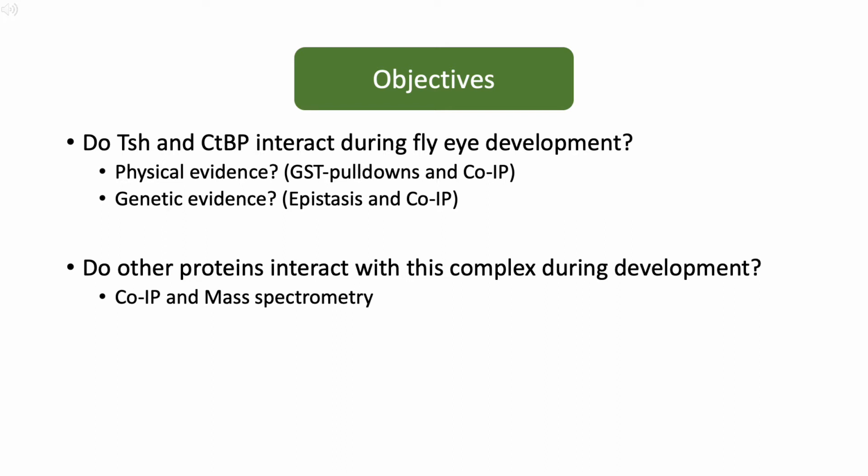The next question in this series was, are there other proteins that are interacting with this T-shirt CtBP complex during development? Future co-immunoprecipitation and mass spectrometry experiments will hopefully answer this question.